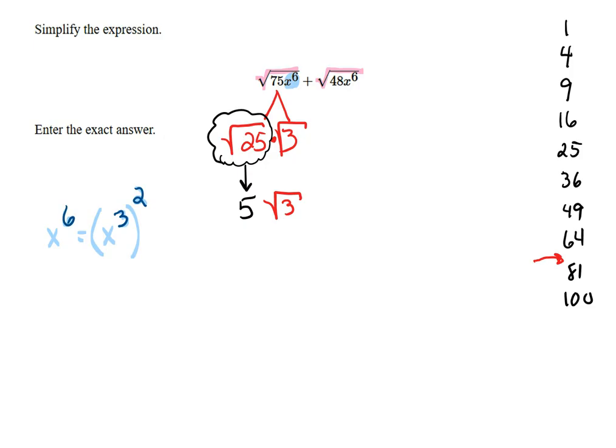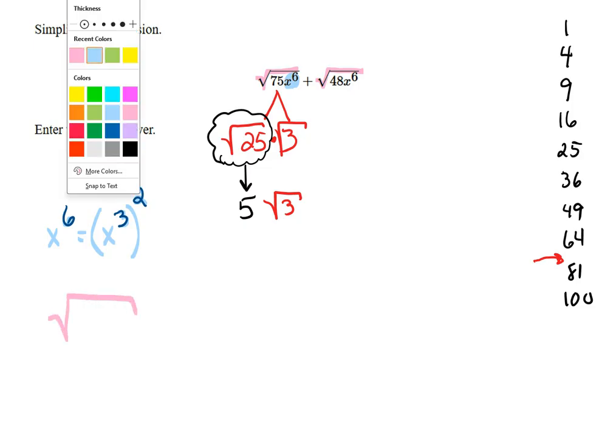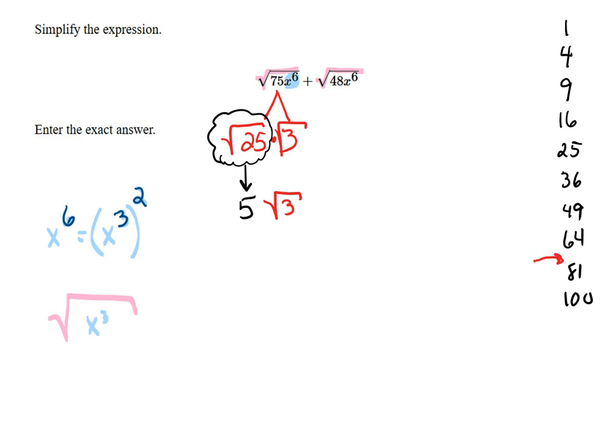So what I'm seeing here, give me my pink pen again, I'm taking the square root of an x cubed that got squared. And so your square root and your square cancel each other out.